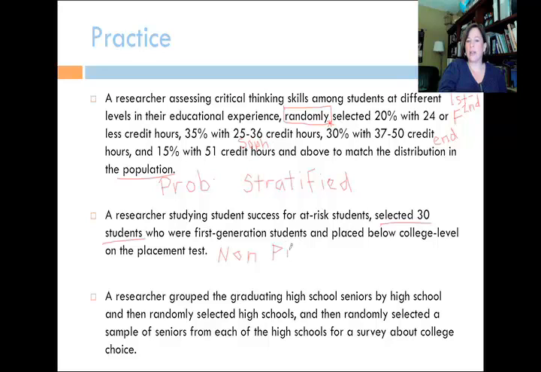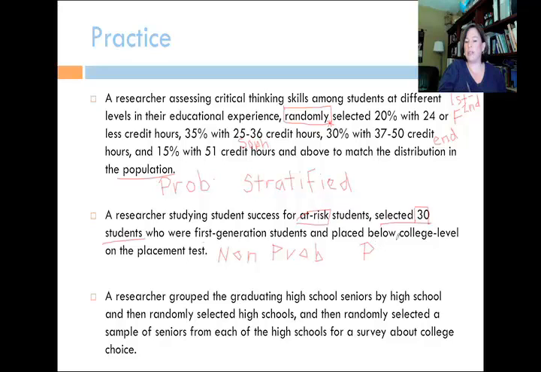And clearly the researcher is defining at-risk with these two characteristics: first generation and placing below college level. Those are the definitions for at-risk. So we're studying student success of at-risk students, and I'm selecting my sample from these people, first generation and below college level. I'm only selecting 30 of them. This is non-probability and it's purposive.